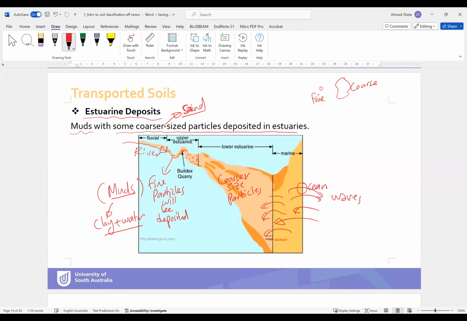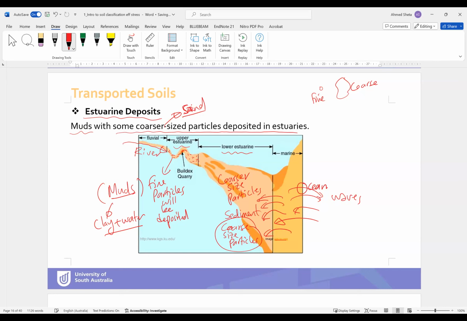When the waves return back, they carry some coarse size particles back again, and this coarser size sediment deposits in the lower estuarine. So we have upper estuarine and lower estuarine deposits.